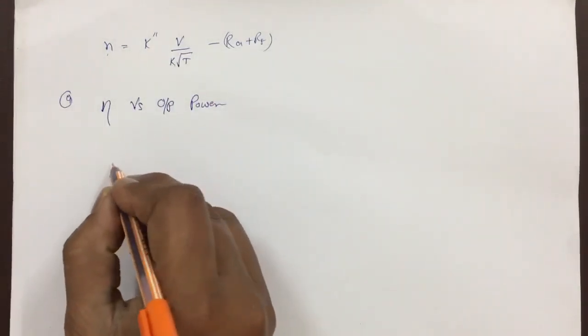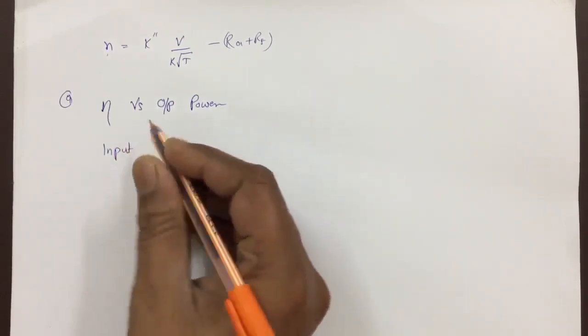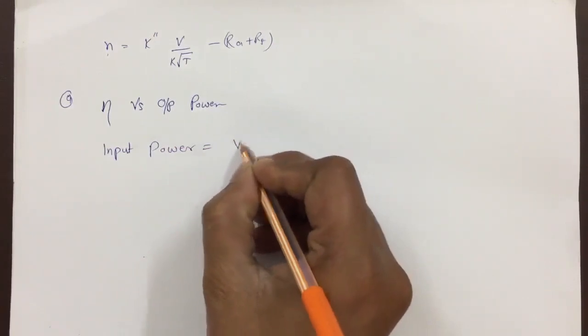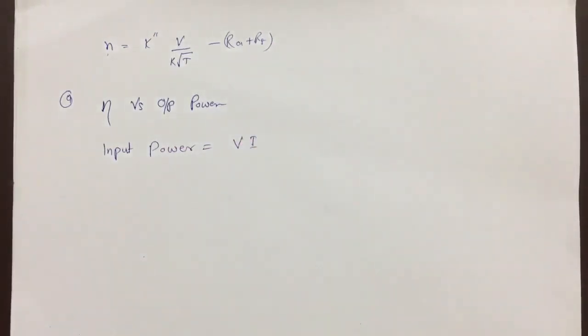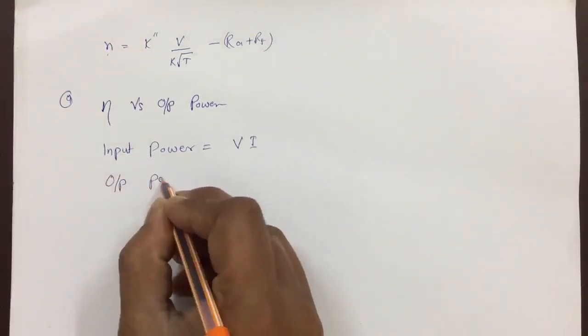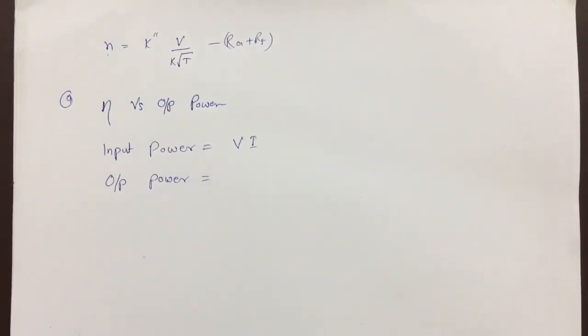As it is a motor, the input power is in electrical form, that will be V and I, just the multiplication of these two, and the output power is in the form of mechanical loading, that is mechanical output.